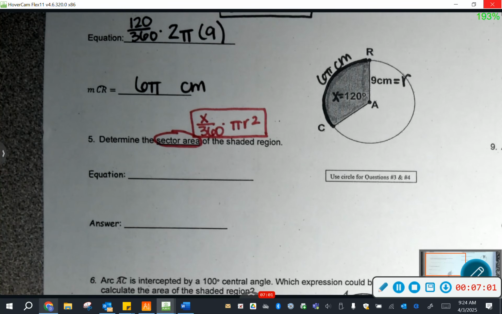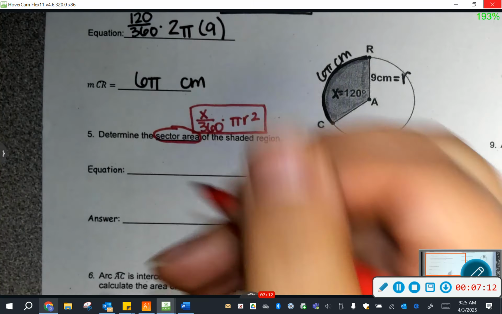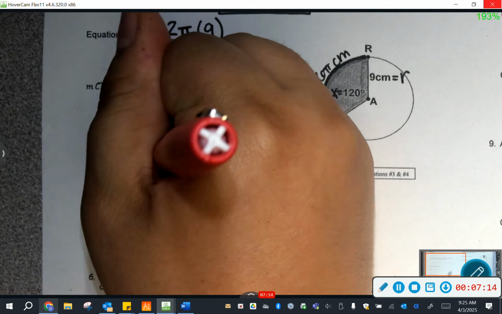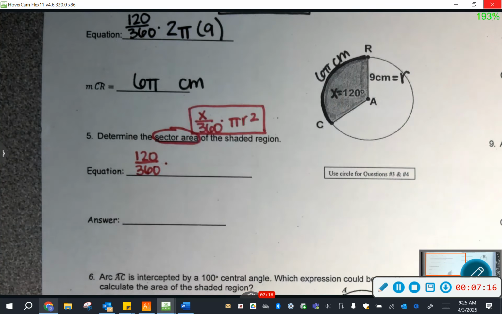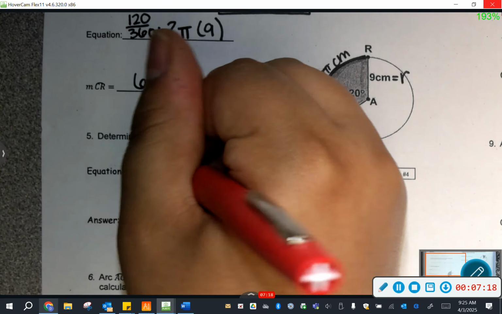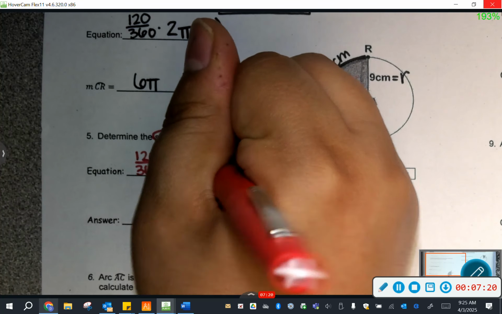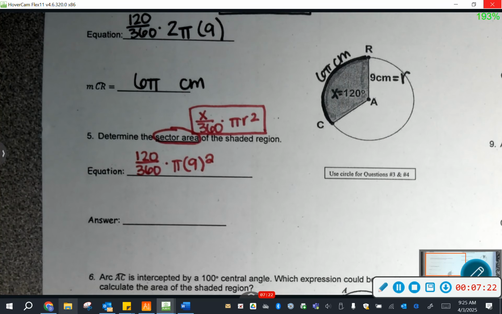And what is my equation going to be when I plug in here? What am I going to get? 120 over 360 times pi 9 squared. Because my r is still 9 and my x is still 120.